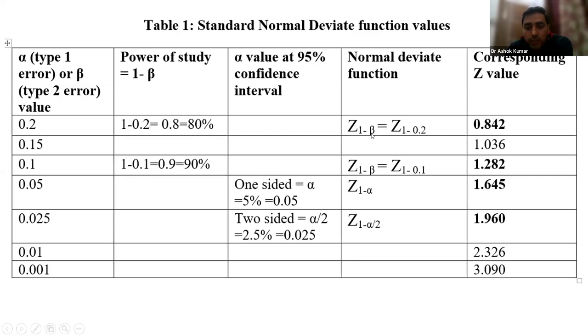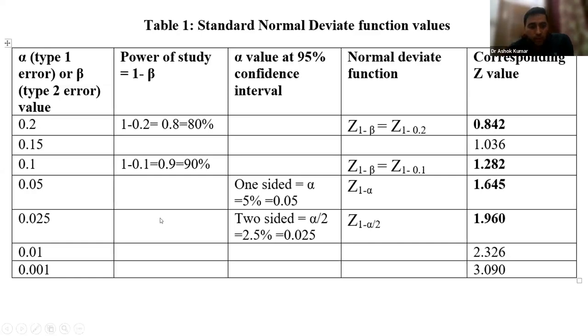So the corresponding z value you have to take is 0.842. We will use this value when we calculate sample size.